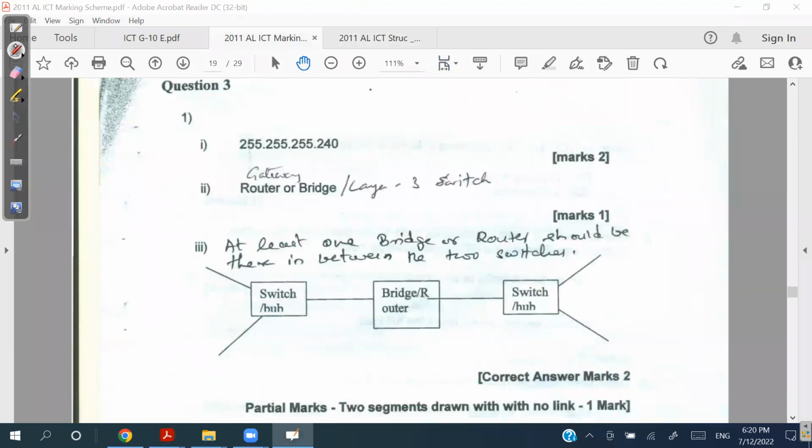Since according to our syllabus, it's better you go with router, layer 3 switch, or you can generally say gateway device. Right, so likewise it can be said. So 1 mark, here you got 2 marks.